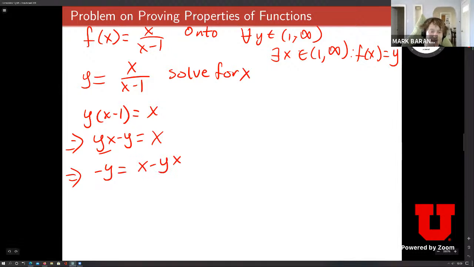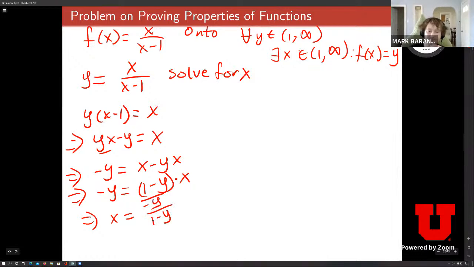And then we can factor out the x. Minus y equals x times 1 minus y. And that means that x equals, when we divide by 1 minus y, minus y over 1 minus y. Or alternatively, you could write this as y over y minus 1 if you multiply both top and bottom by minus 1.